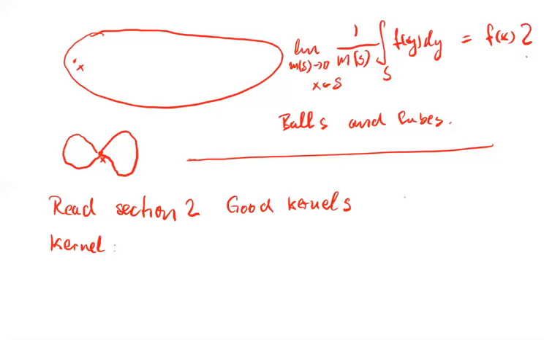The kernel of a linear map in the linear algebra sense is a vector space, or more generally, a set. The kernel in the good kernel sense is really a function, or better, a family of functions.